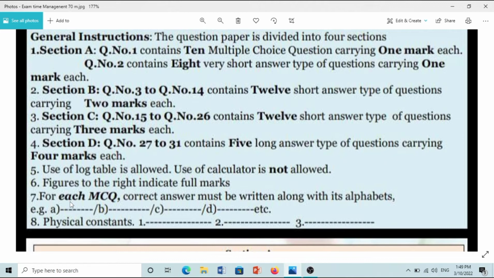And the most important thing is, for each MCQ, the correct answer must be written along with its alphabet, that is A and its answer, B its answer, C its answer, or D its answer.